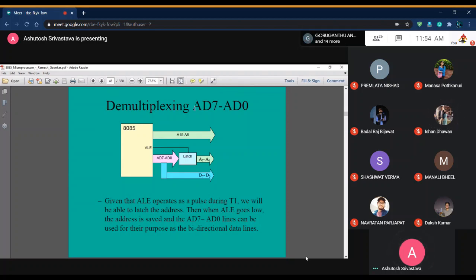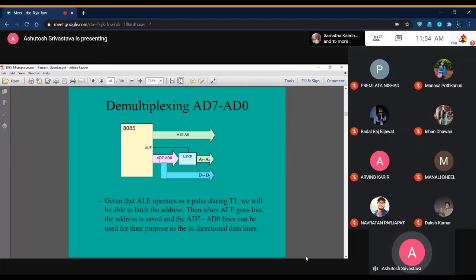Okay. So you may just note down this. This is your 8085 microprocessor or your ALU system. You have higher order addresses A8 to A15, which directly communicate with your external RAM.